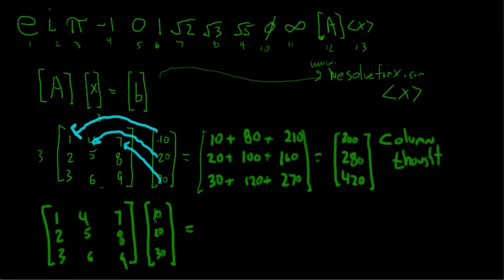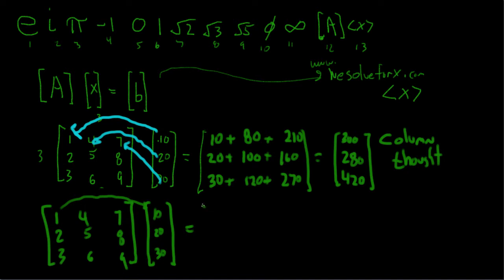This time the way you're thinking about it is this. 1 times the first row plus 4 times the second row plus 7 times the third row. Let's see if that checks out.